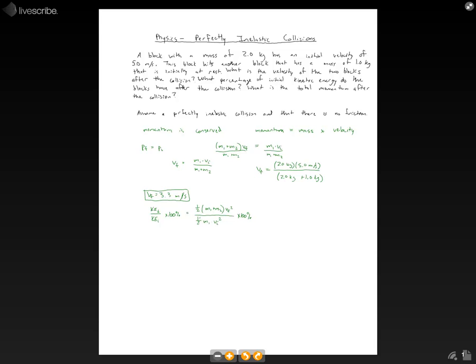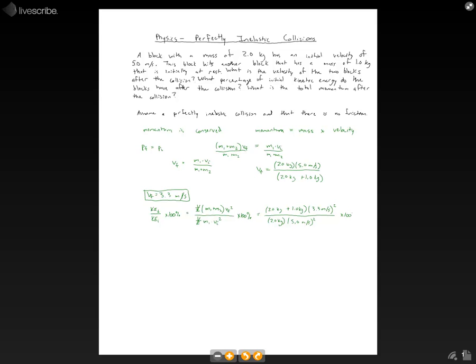Now, you can cancel the 1/2 on top and bottom. After that, we'll just plug in numbers. On top, we'll have 2.0 kilograms plus 1.0 kilogram multiplied by 3.3 meters per second, and that value is squared. And that's all over the 2.0 kilograms multiplied by 5.0 meters per second, and that value is squared.